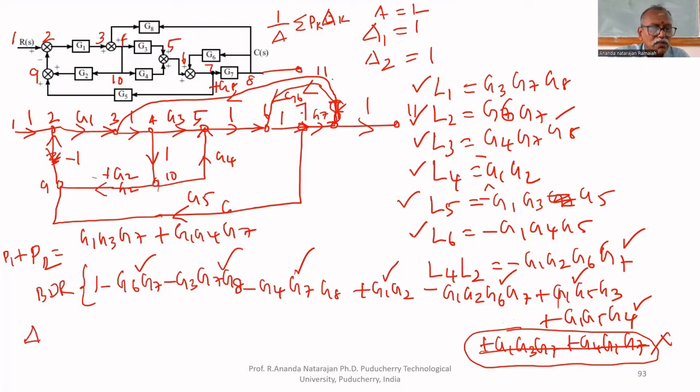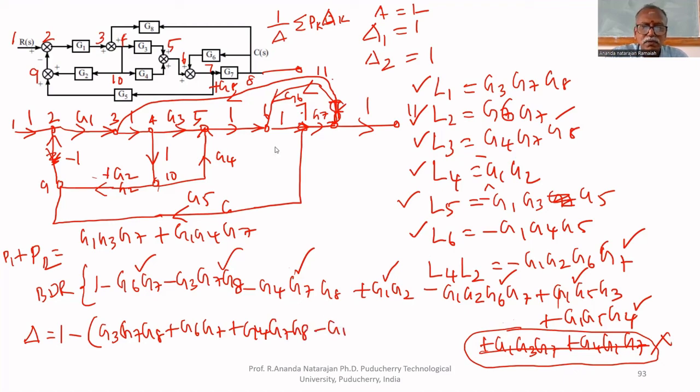Therefore, delta equal to 1 minus L1, that is G3, G7, G8 plus G6, G7 plus G4, G7, G8 minus G1, G2 minus G1, G3, G5 minus G1, G4, G5.